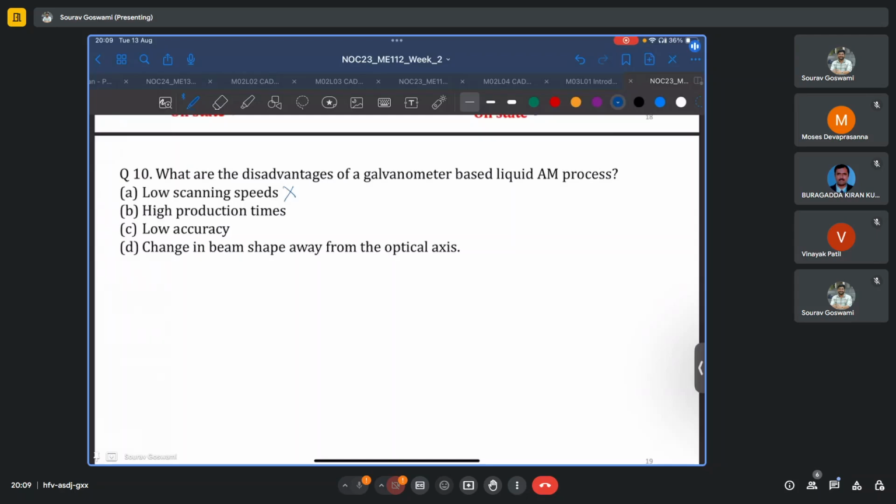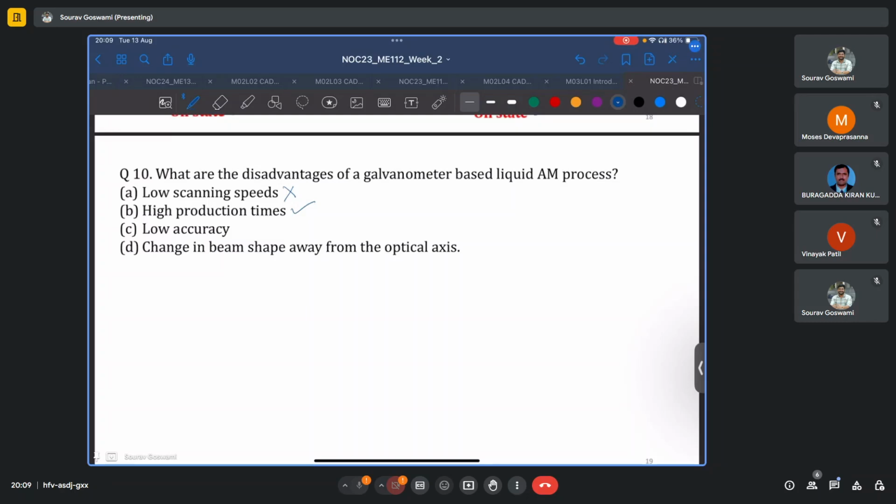That is, we are scanning very small areas at a time compared to, say, an area filling technique, which is almost instantaneous in the sense that it illuminates the entire region of interest in one go. So, yes, it may be said that the production times are higher compared to other scanning type liquid AM processes.